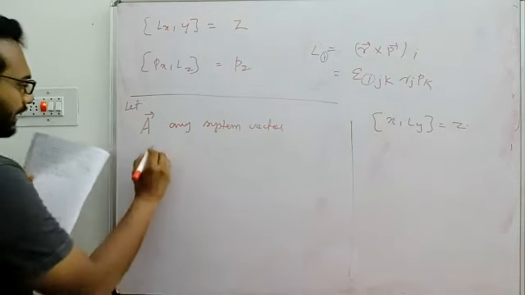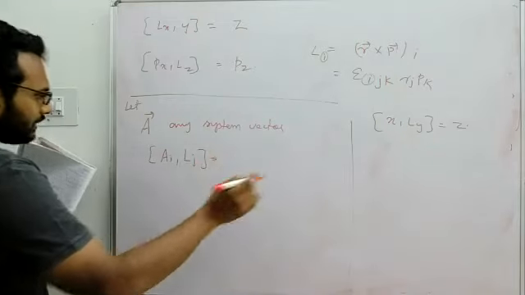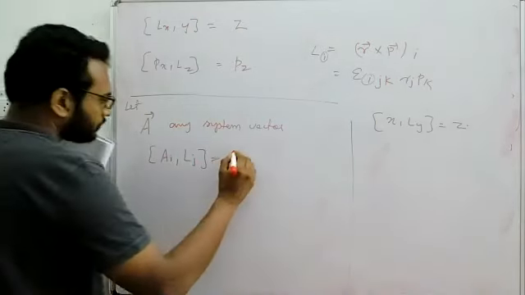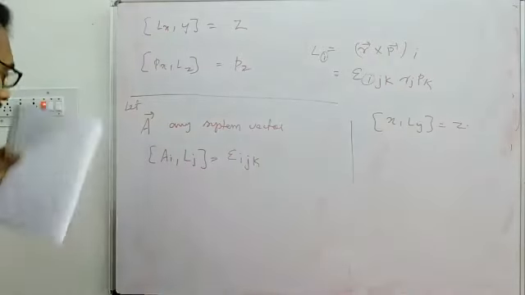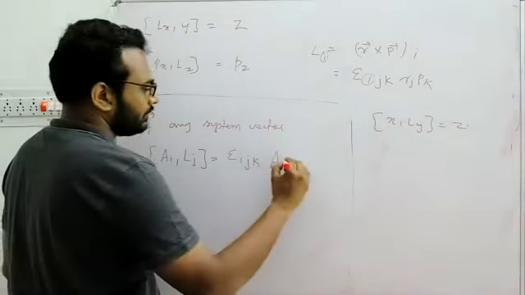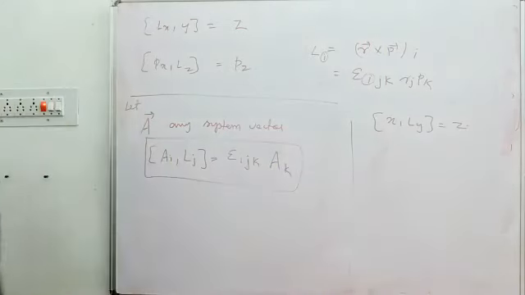Then Ai with Lj, this result always holds for all vectors. This is equal to epsilon ijk Ak. This result is true for all vectors.